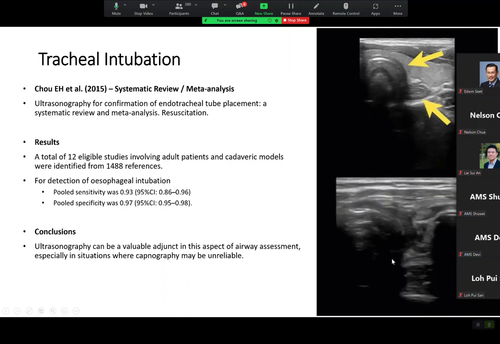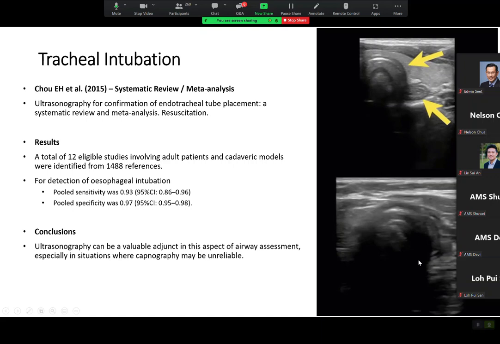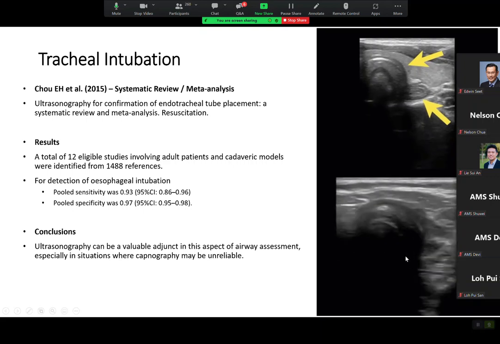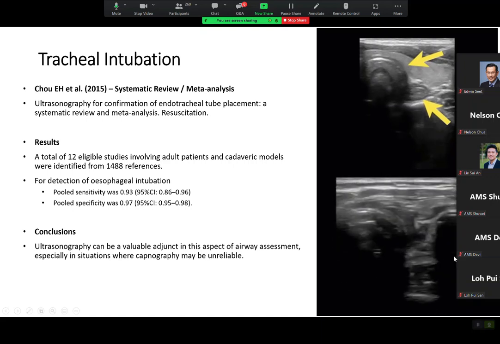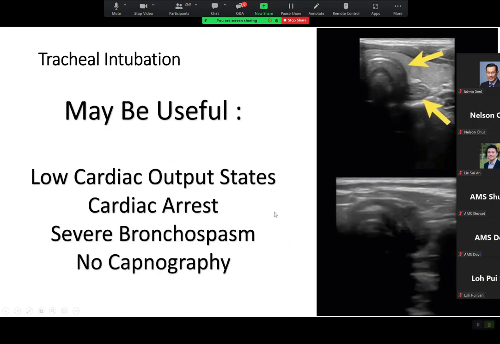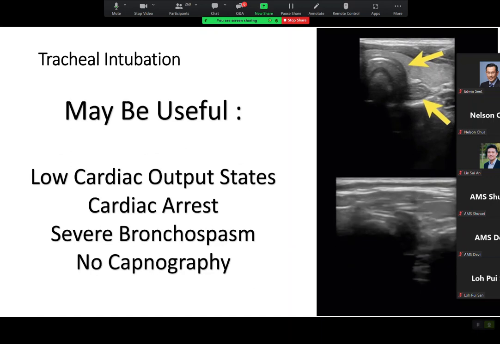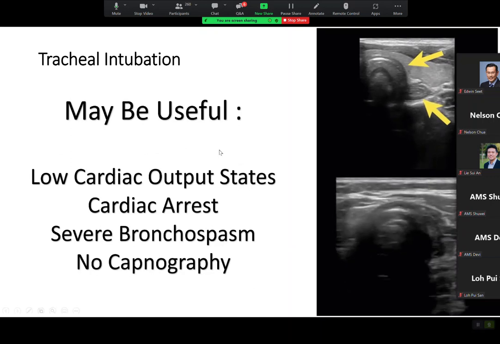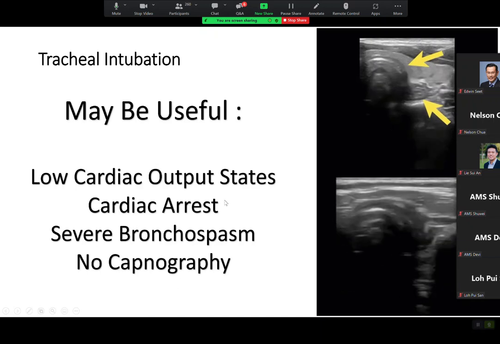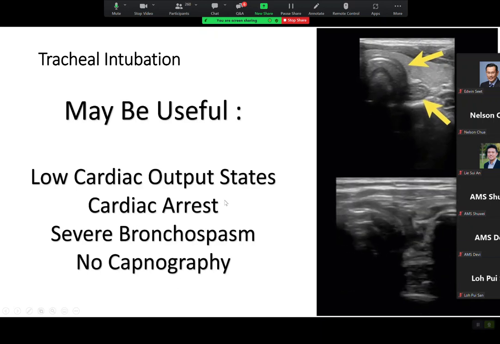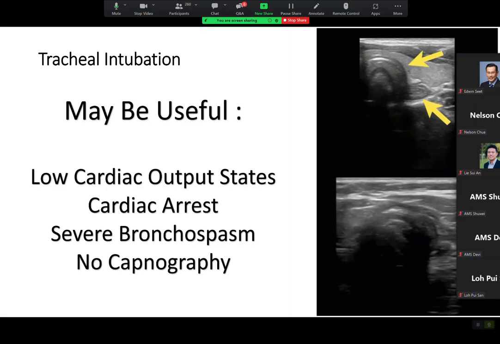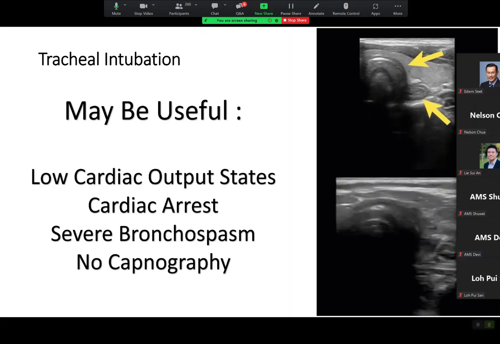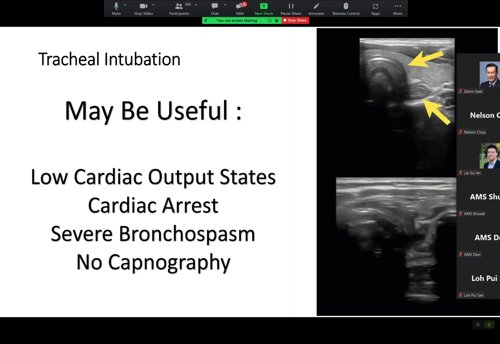This is esophageal intubation, where you end up with two lumens side by side when the tube enters the esophagus. Okay, so I'm not recommending that you use ultrasound to confirm tracheal placement in our daily anesthetic practice, but it may be useful in certain states such as cardiac arrest, low cardiac output states, severe bronchospasm, or when there's no access to capnography.